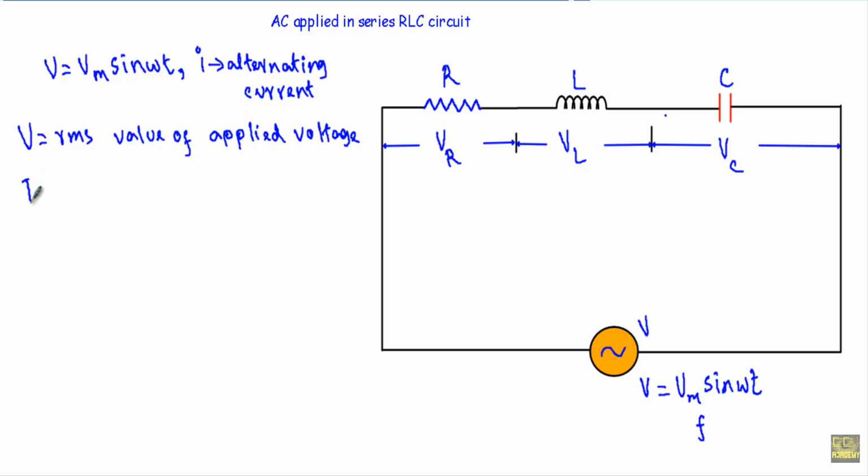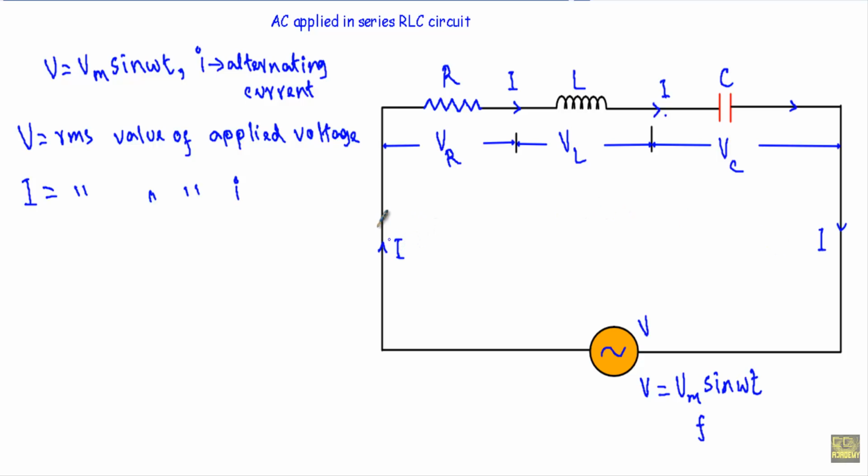The current I is the RMS value of this alternating current I. As this is a total series circuit, the total current I will be the same all over the circuit. That means the same current will be flowing through the resistance, inductance and capacitance, and also through this source. So in the circuit we will get the total current I everywhere.